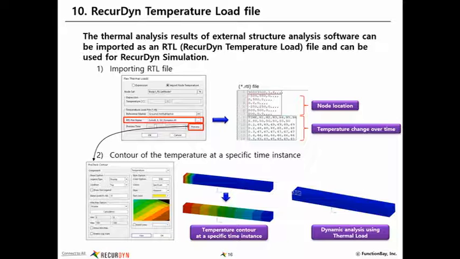All right, it is in a CSV file format. I'm under the assumption that it can be exported from ANSYS. Okay. And so this is for heat transfer applications? Exactly.